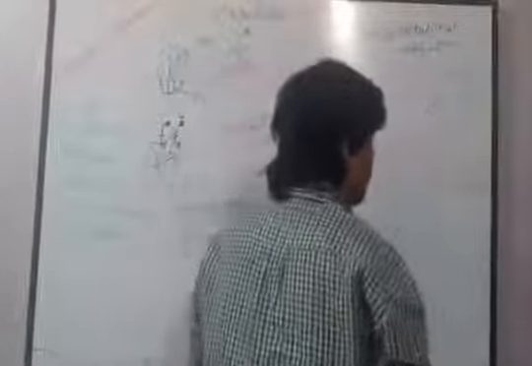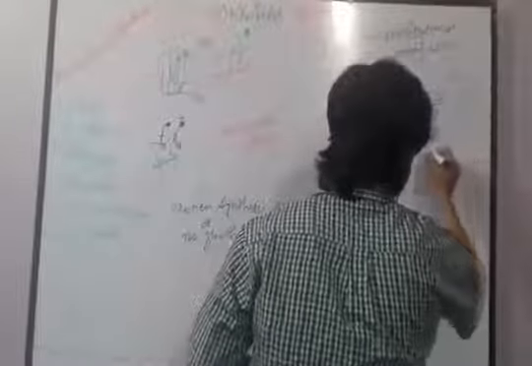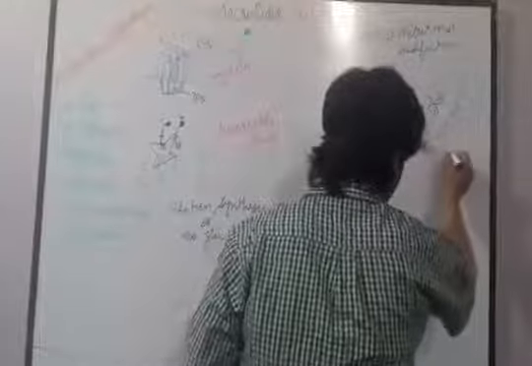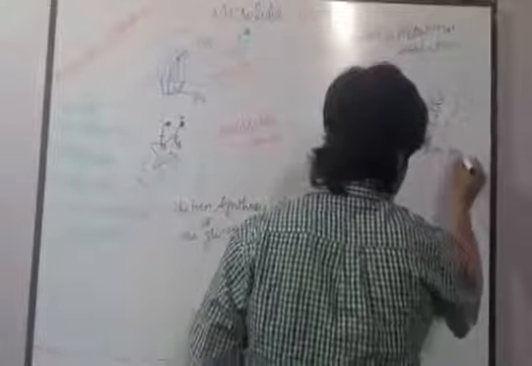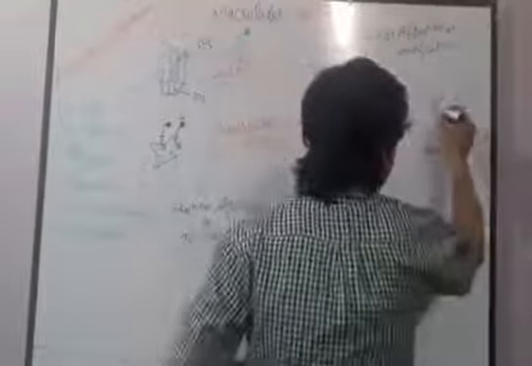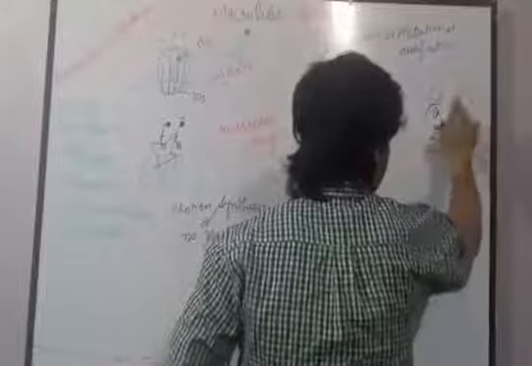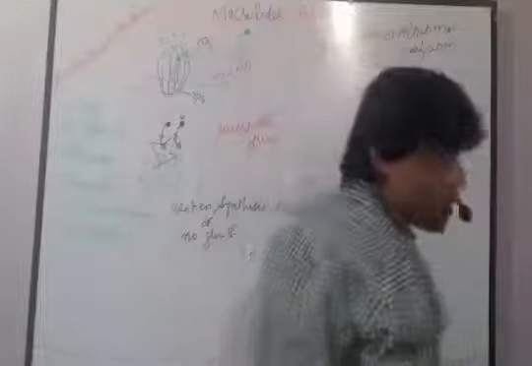So when it is replicated, it produces genes, which we call erm genes. These erm genes will be produced and shift to the genome of this bacterium.